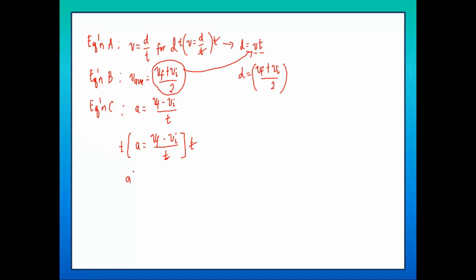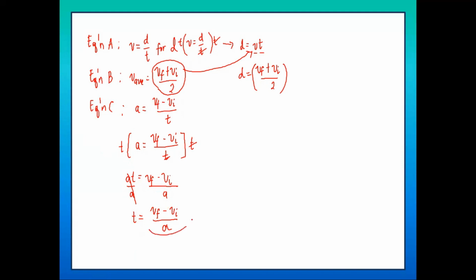So, multiply AT is equal to V sub F minus V sub I. Again, we're after with T. So, multiplication ng operation between A and T variables. So, reverse operation of that is division. Kaya i-divide natin both sides by A. Bakit po A? Para ma-cancel natin si A here, para the variable that remains here is T. Okay, cancel this. Wala naman tayong maka-cancel this, making it T is equal to V sub F minus V sub I over A. Okay, now this is the manipulated equation C for T.